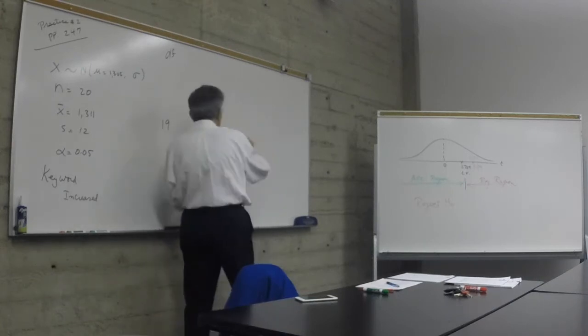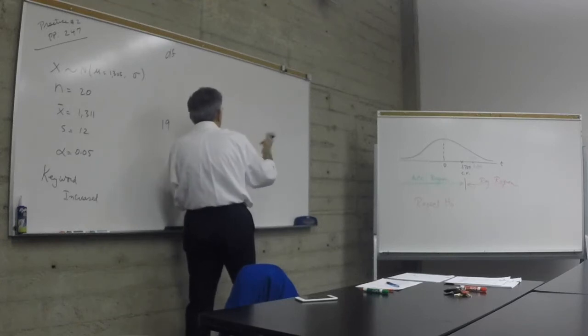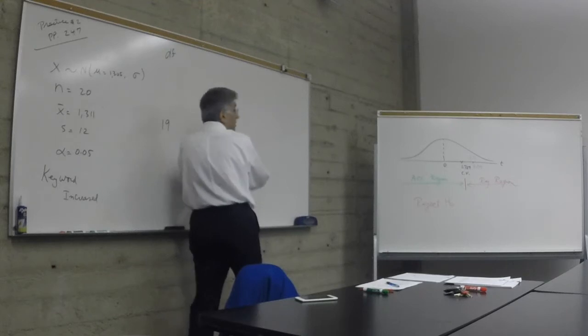If you can locate it exactly, fine. If you cannot locate it exactly, then find the two values that it falls in between.